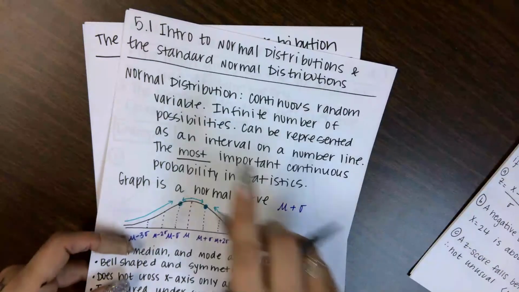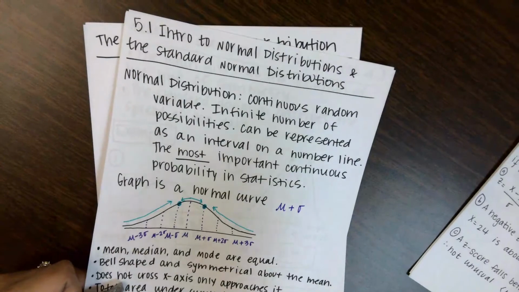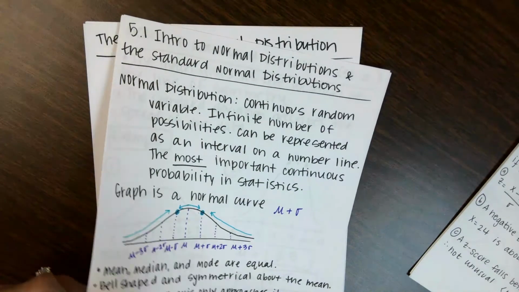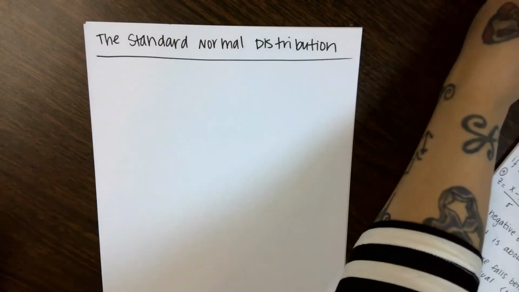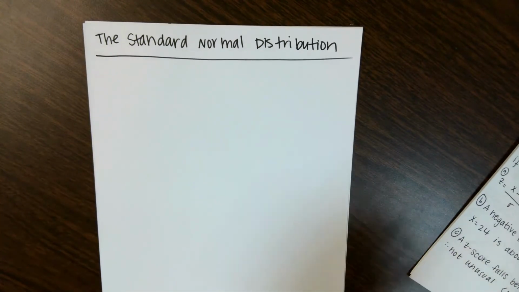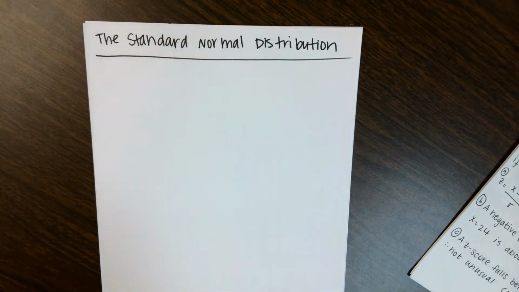We just did the normal distribution. You got the mean in the middle, add a standard deviation, add 2, add 3, subtract 1, subtract 2, subtract 3, right? This is the standard normal. So that's the main difference. The name changes, and that's why everything else changes as well, because now we're talking more about area.